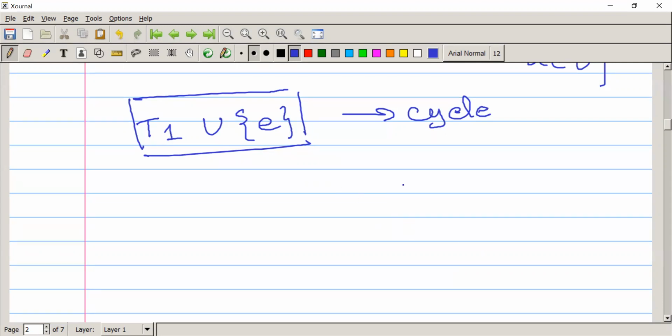And T1 union E will have a cycle which has both the vertices U and V, right? Because UV was the edge E and this was added in T1.